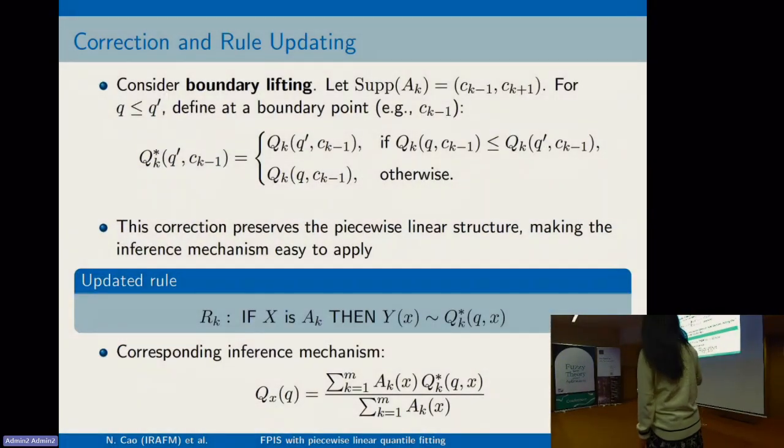And how do we adjust it? It is very simple. We focus on the support of a certain fuzzy set A_k, the left bound and the right bound. If a quantile level is higher than another and the observed quantile value is really higher accordingly, then we keep it. But if it's smaller, then we lift it up to be equal to that one, to have a valid quantile function. This is the post-hoc correction.